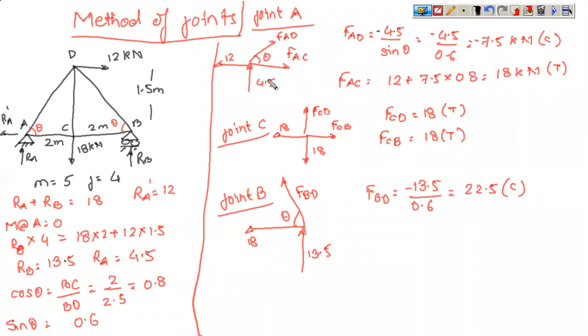So after solving joint A, let us search for another joint. Another joint is either C or B. We could also go with joint D, because we have two knowns. You know AD, you know this 12, and you can calculate the other two forces. So it is our discretion which joint we select.